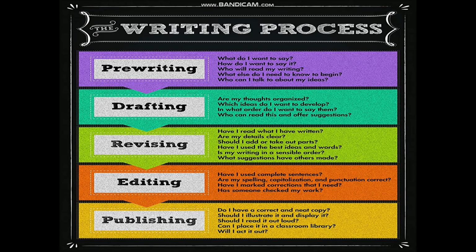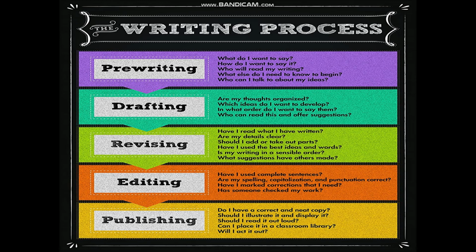The first one is prewriting. Decide on a topic to write about. Brainstorm ideas about the subject. Drafting. Put information you research into your own words. Write sentences even if they are not perfect. Revising. Read what you have written again.